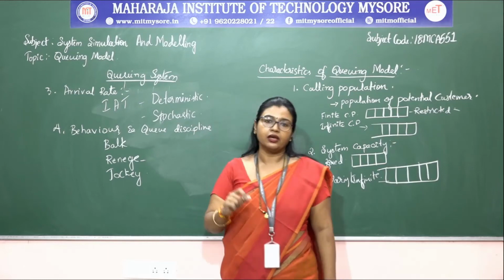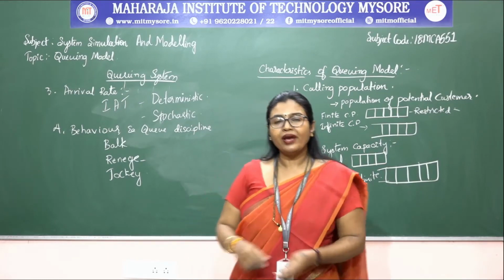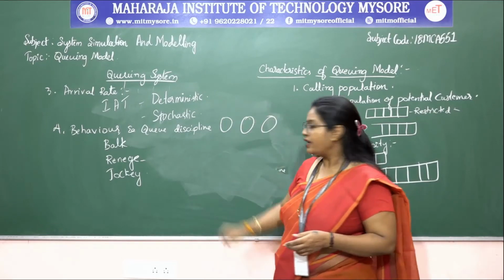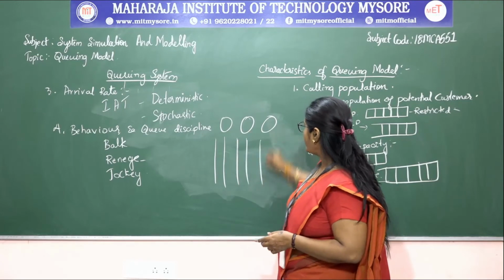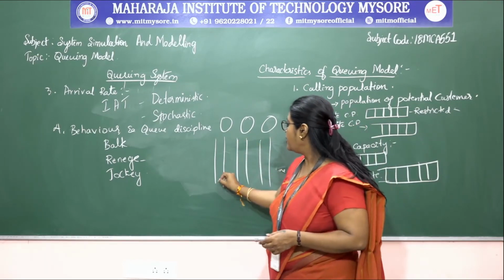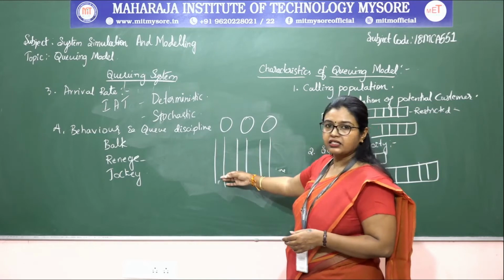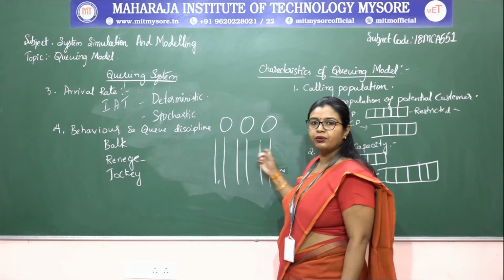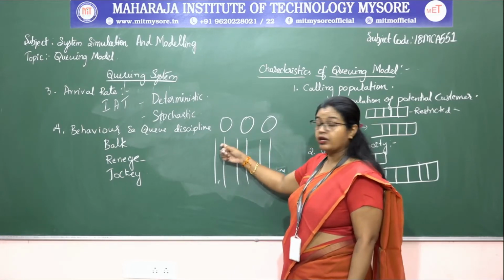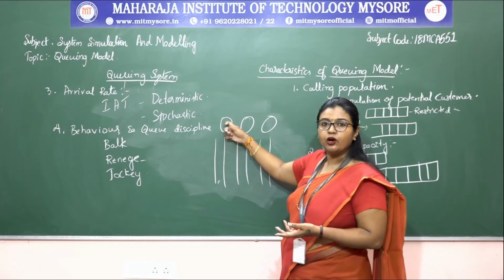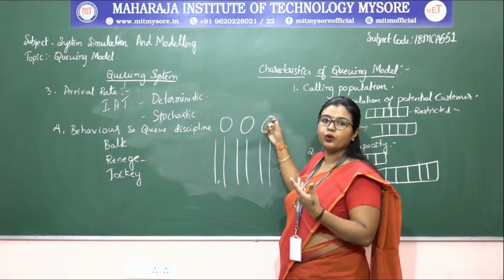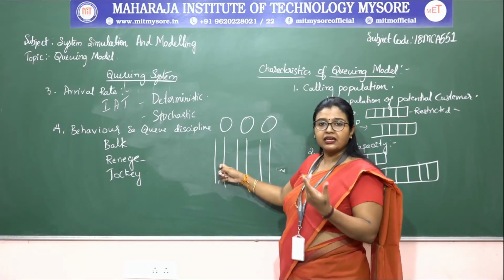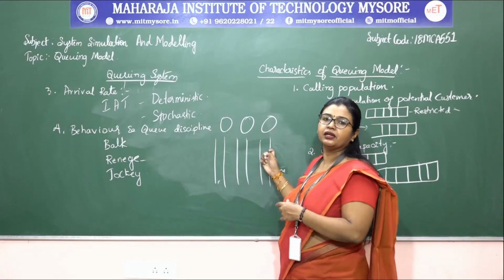The next one is jockey. Jockey is the one where you have more than one server, and customers are waiting in the lines. So assume that here we have some customers, here we have some customers, here we have some customers, and depending on the number of servers, or the rate at which the server is working, that is how fast that server is working, the customer may enter into that particular line.